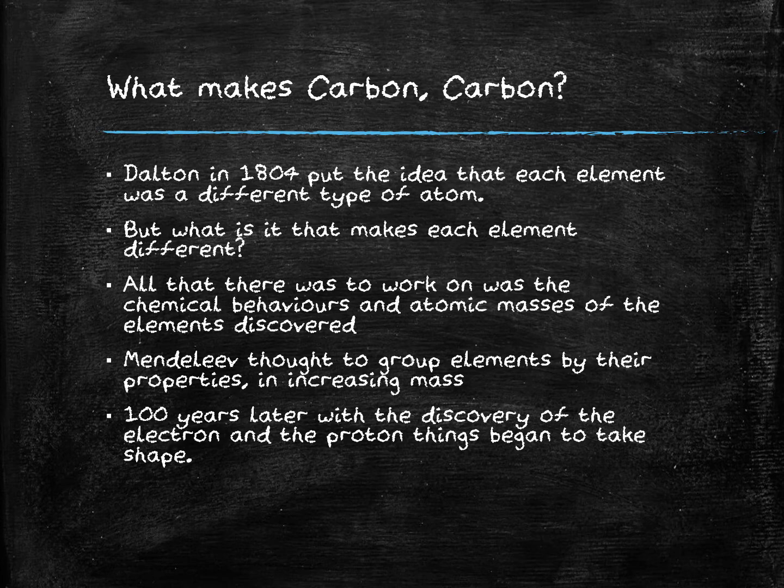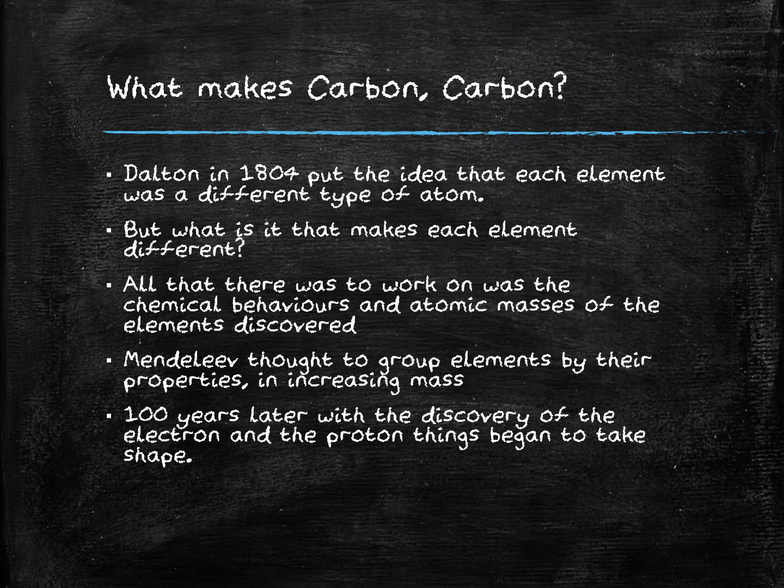And when Niels Bohr developed the idea of the electrons existing in shells, it was possible to then identify that these groups that exist within the periodic table had the same number of electrons in their outer shell.